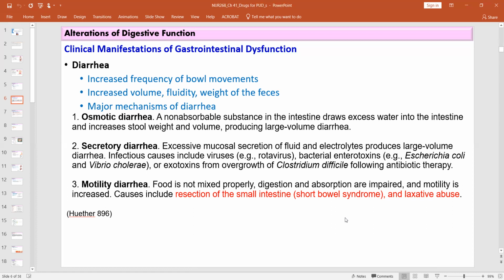And then the last one is motility diarrhea. The causes include resection of a small intestine, surgical bypass of an area of the intestine, or fistula formation between loops of the intestine.